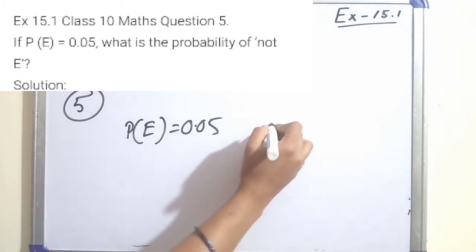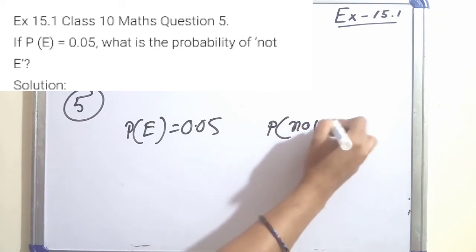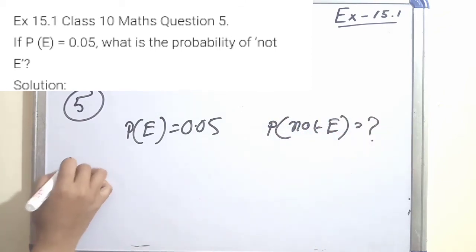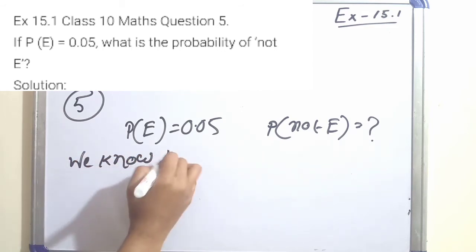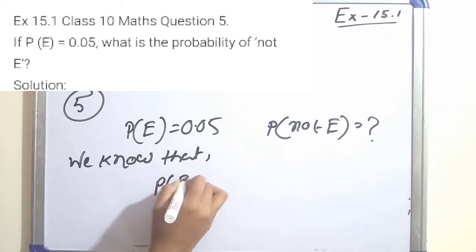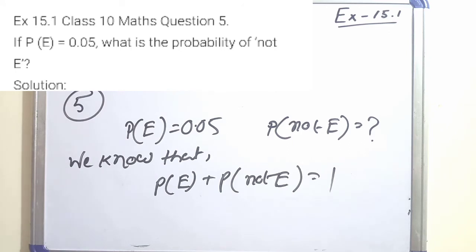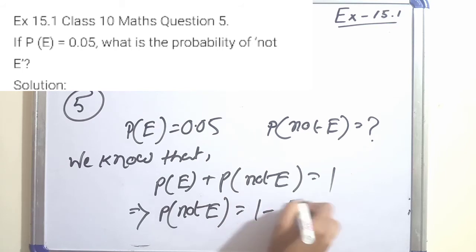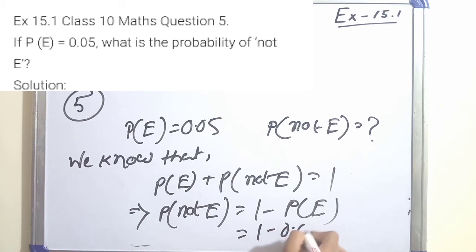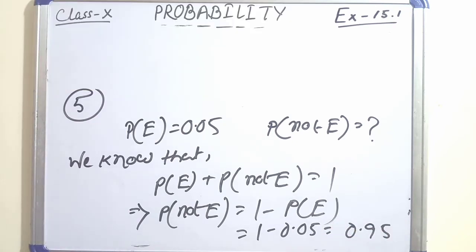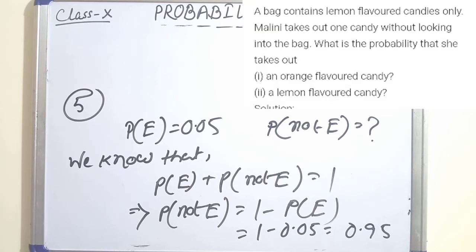We have to find the probability of not E. We know that probability of E plus probability of not E is equal to 1. So probability of not E is equal to 1 minus probability of E, that means 1 minus 0.05, which is 0.95. That's the answer.